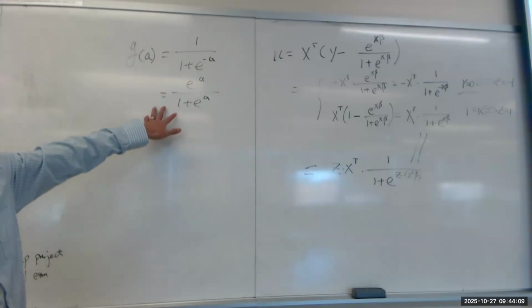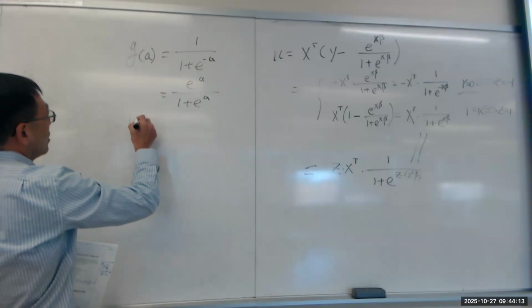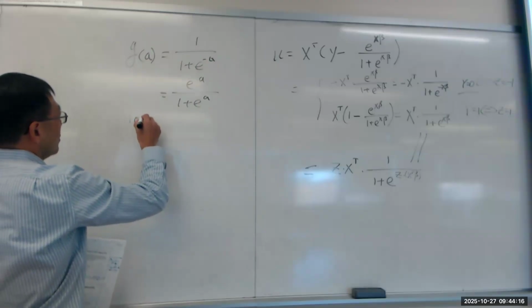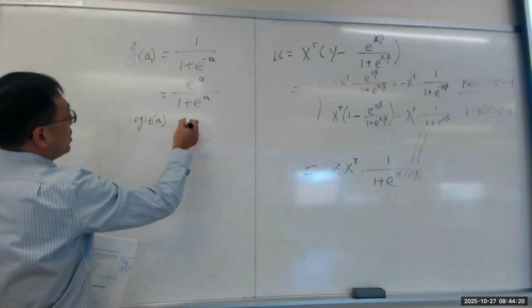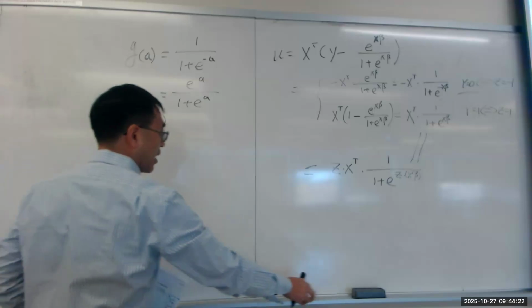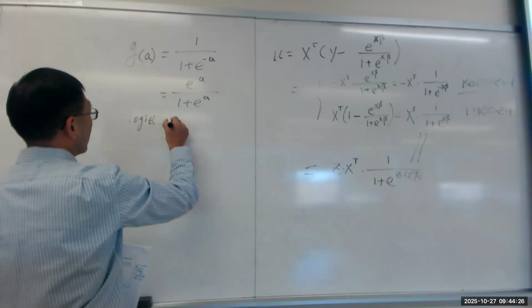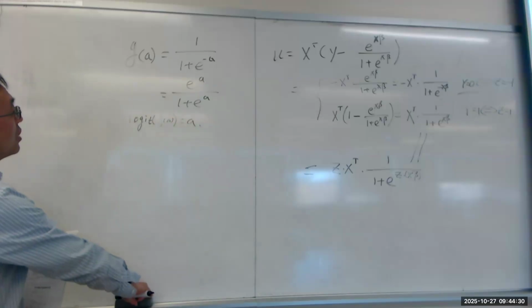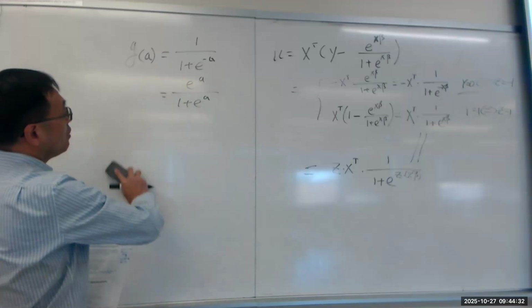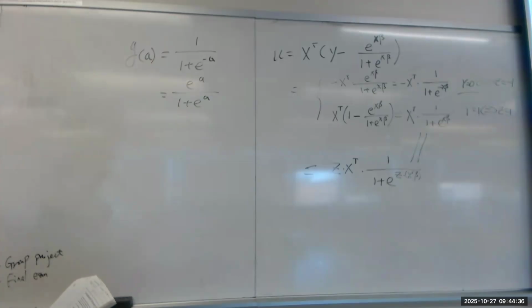Because a is going to be just the logit of g of a. So g of a is essentially the inverse logistic, the inverse logit function.